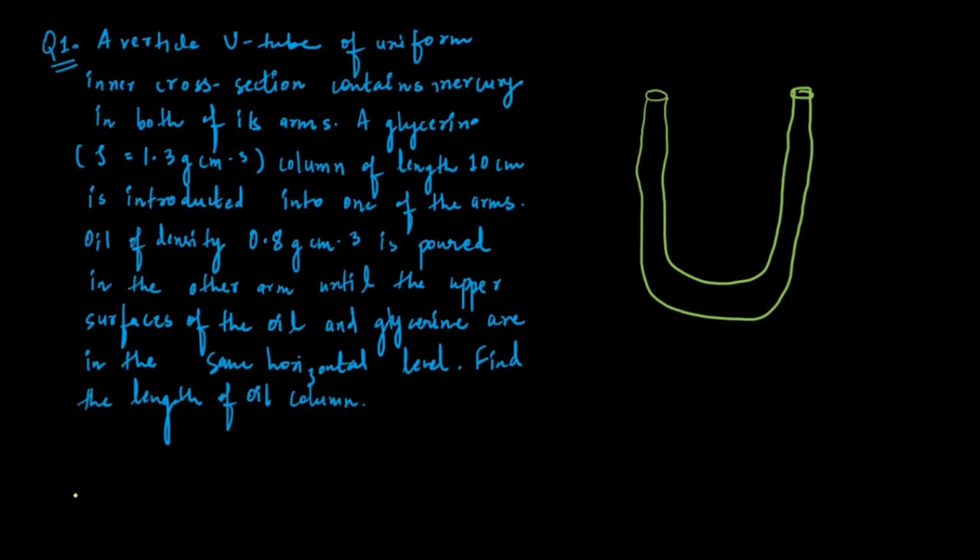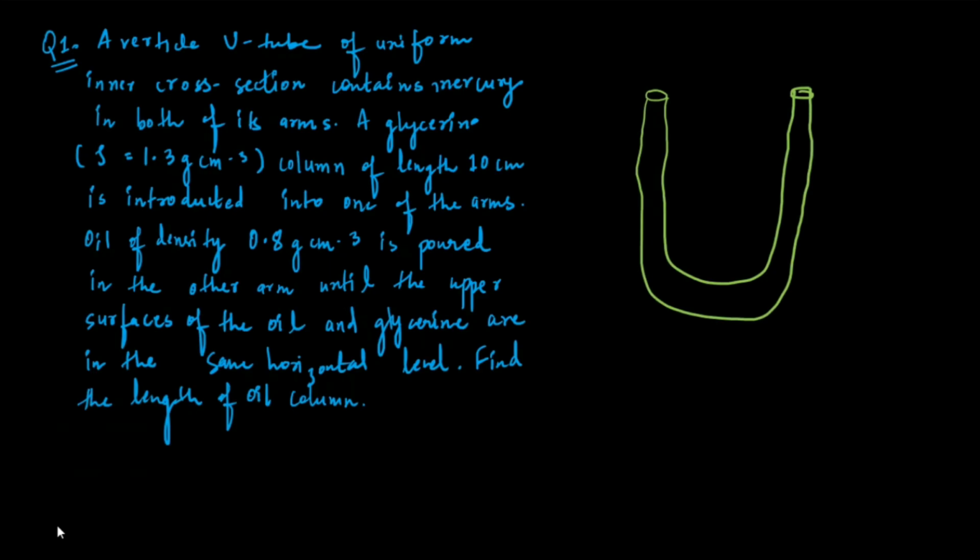Apart from Pascal's principle, we are also going to apply something else. Pascal's principle means that in a closed container the pressure must be equally distributed. So the pressure on the left side must equal the pressure on the right side. The left side is glycerin, the right side is oil. Okay, I understand it now.